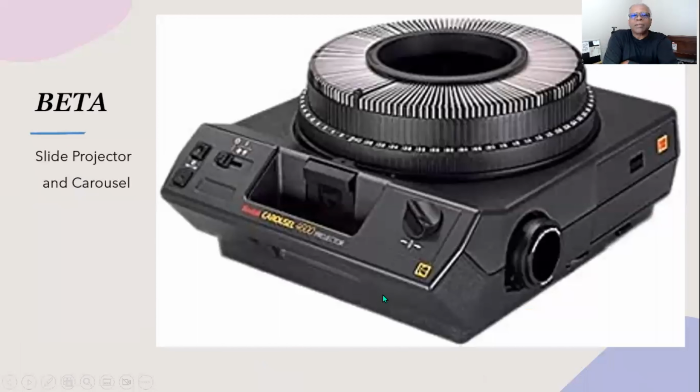Now, I want to just quickly talk about slides. Back in the old days, pictures were taken on film, and the film were converted to slides, which are these white pieces of paper you see here. They hold basically a copy of the negative. Well, these slides went into this carousel and then was projected out.